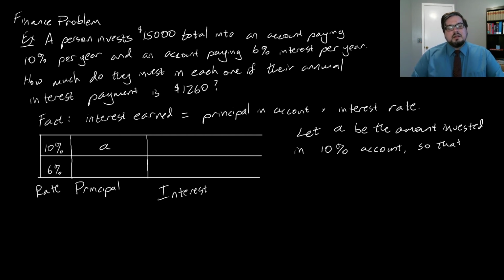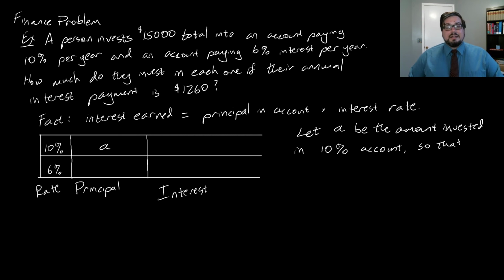So how much is invested in the 6% account? Well, here we can use the fact that we know that the total amount of money that this person has invested is $15,000, which means that however much he's invested in the 10% account, the remainder has been invested in the 6% account.